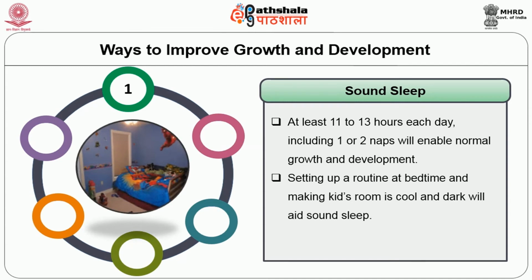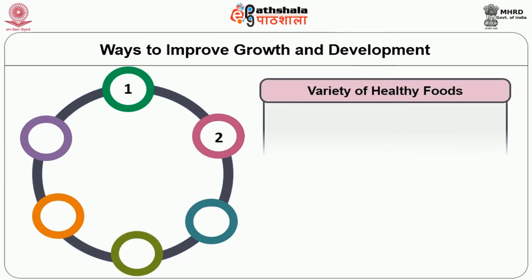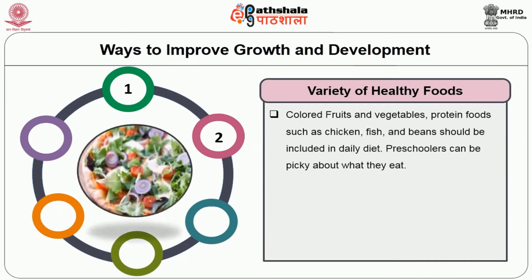Setting up a routine bedtime and making the kid's room cool and dark will aid them to have a sound sleep. The second factor is a variety of healthy foods. Colored fruits and vegetables, protein foods such as chicken, fish and beans, poultry, lean meat products should be included in the daily diet.